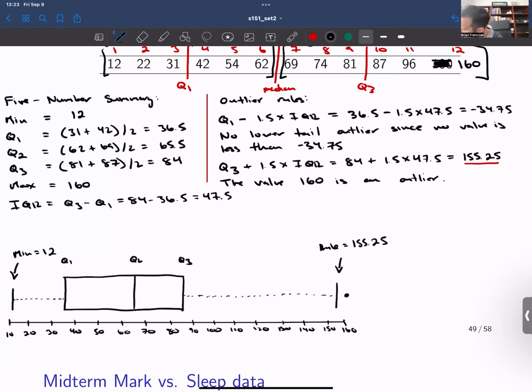It doesn't matter. And then this value is the maximum, which is 160. Okay, so that's how you construct a box plot.